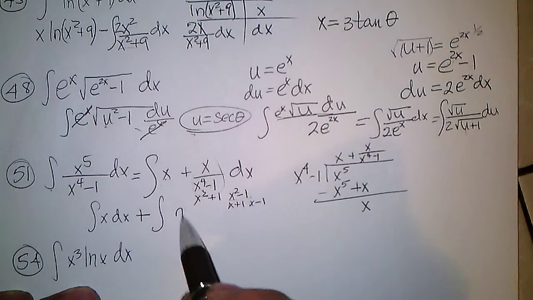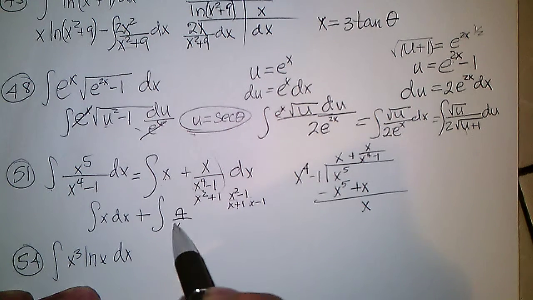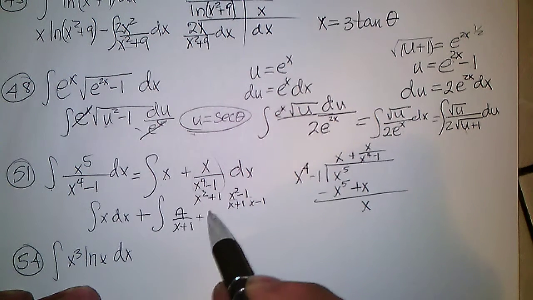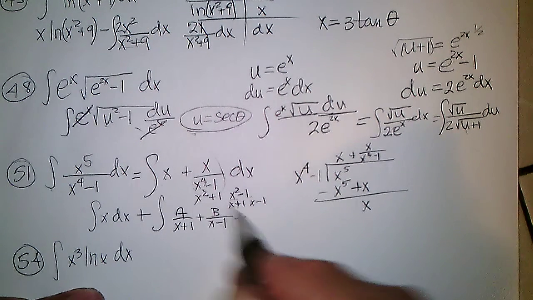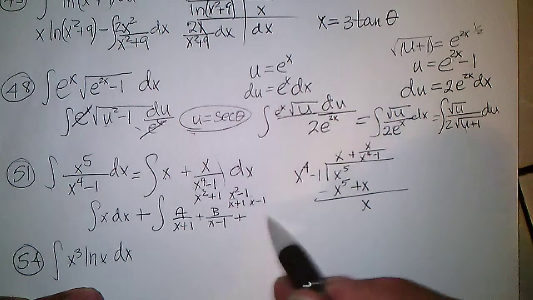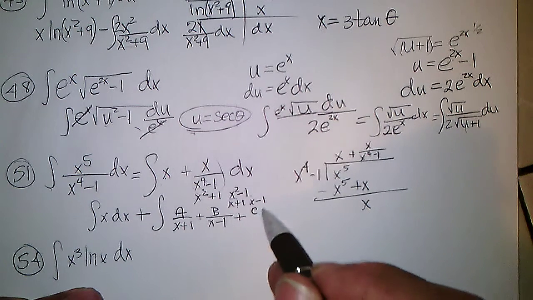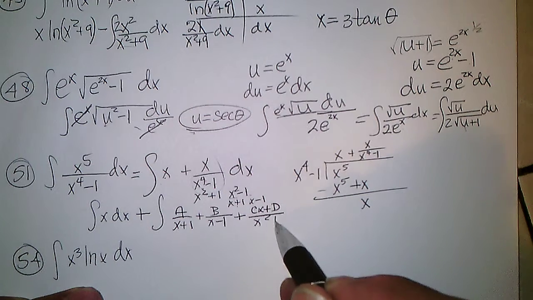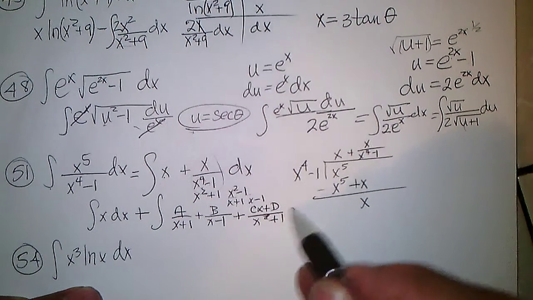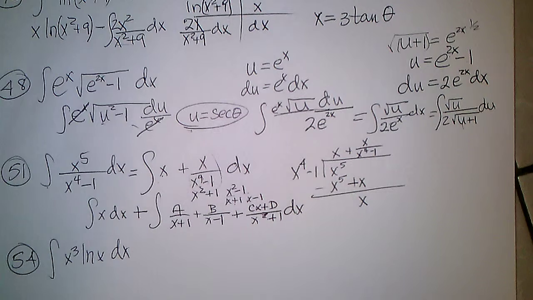So I do A over x plus 1 plus B over x minus 1 plus this one doesn't factor, and it's a quadratic, so I'd have to do Cx plus D over x squared plus 1. Figure out the A's, B's, and C's and integrate that. Probably have to do a trig one on this and separate it. Messy. Fortunately, that first one is pretty easy.